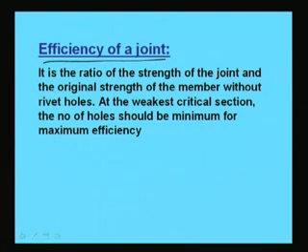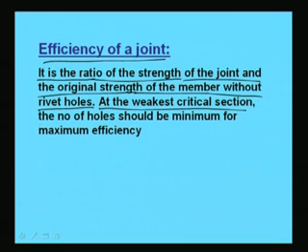If we take the ratio of those, that ratio will be the efficiency of the joint. We can define it as the ratio of the strength of the joint and the original strength of the member without rivet holes. At the weakest critical section, the number of holes should be minimum for maximum efficiency.